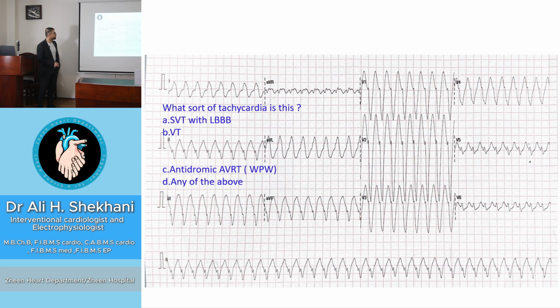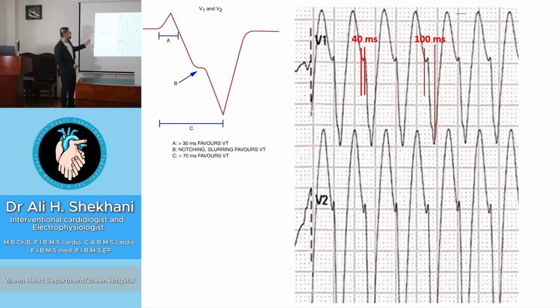Okay, what about this tachycardia? Again, wide complex tachycardia, regular. It shows positive-negative concordance, which goes with VT. So SVT with bundle branch block is already excluded. For the remaining diagnosis, we also apply the morphology criteria.